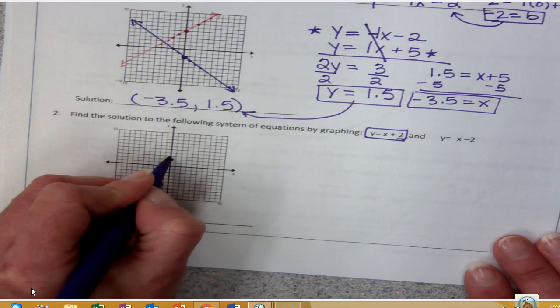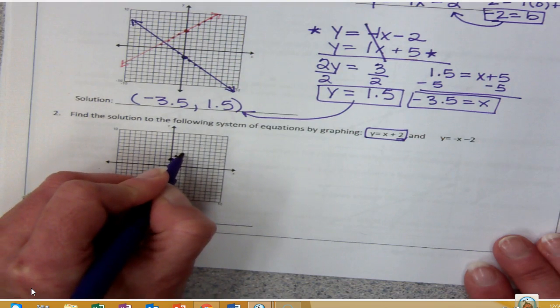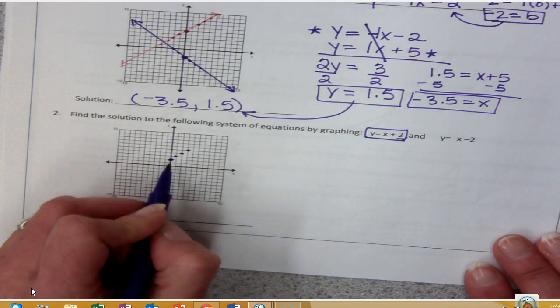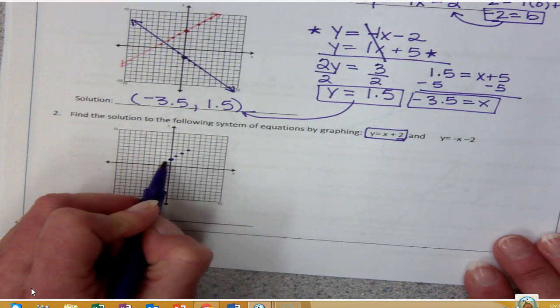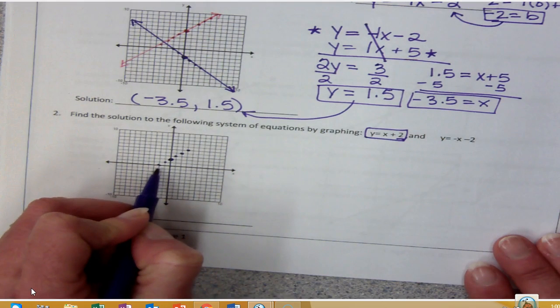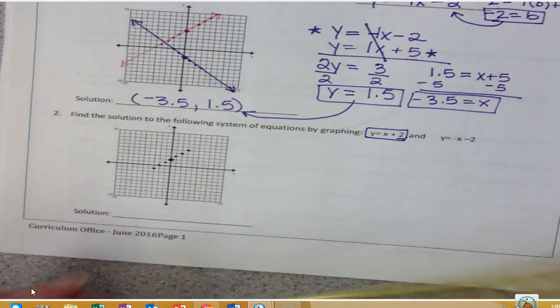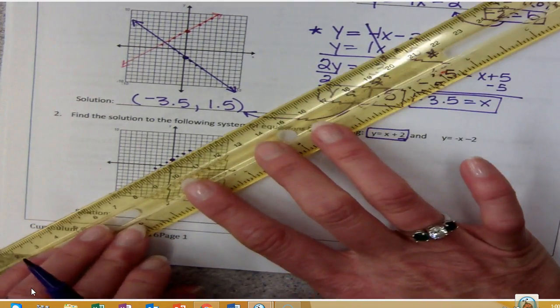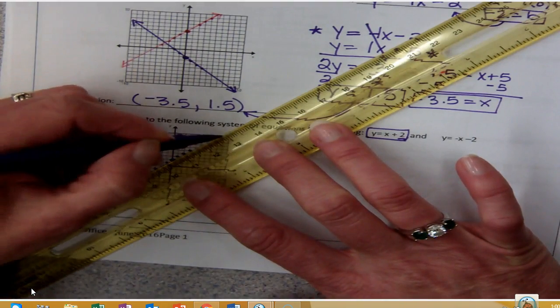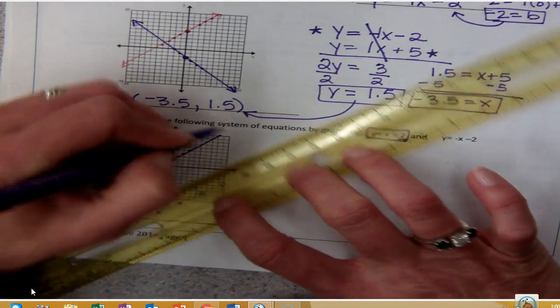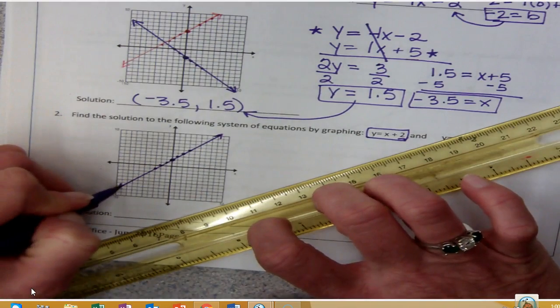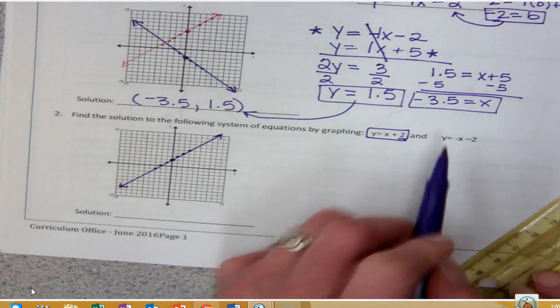So my slope is going to be positive 1 over 1, which means I go up 1 over 1. Or I can go negative over negative. As long as both are positive or both are negative, I will have a positive slope, because a negative over a negative is a positive.